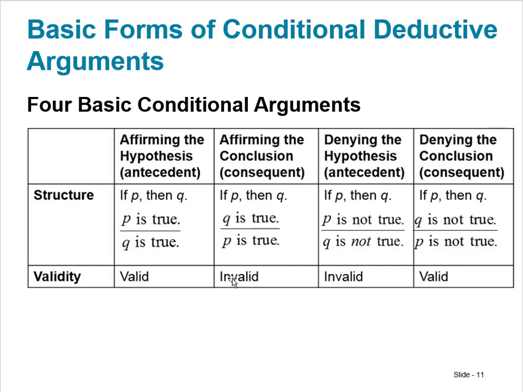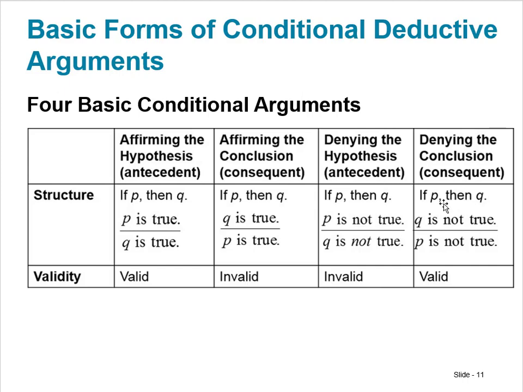Because remember from our truth tables that if we have an if-then statement, Q could be true without P being true. So that's an invalid argument. And then denying the hypothesis. If P, then Q, and P is not true, therefore Q is not true, also invalid. We've seen that again from our truth tables.